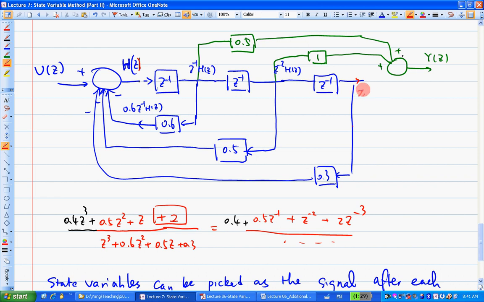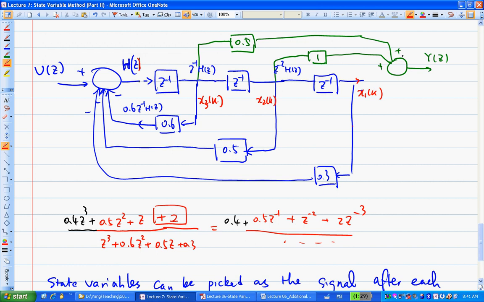Outside here will be x2 of k, and over here will be x3 of k. Is that clear? So those are the 3 state variables.